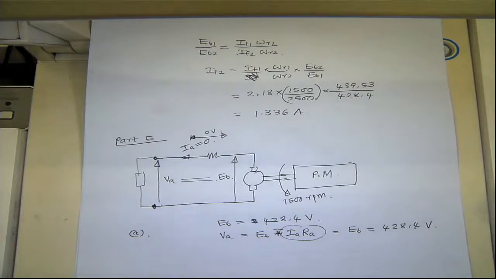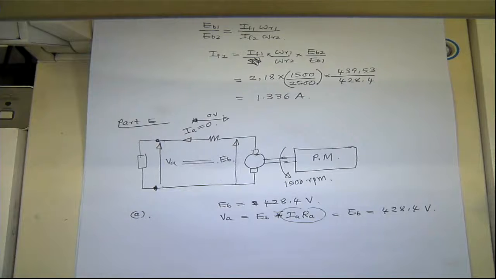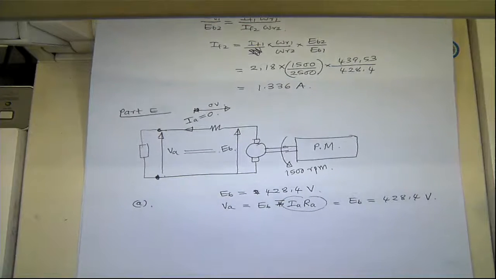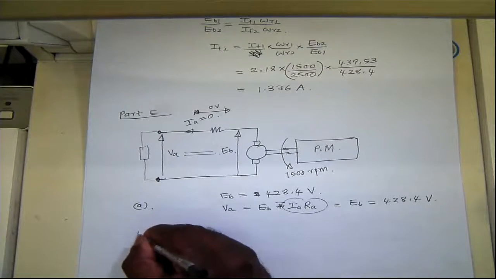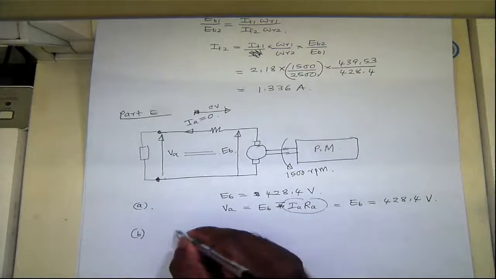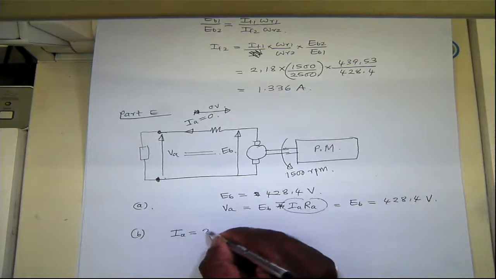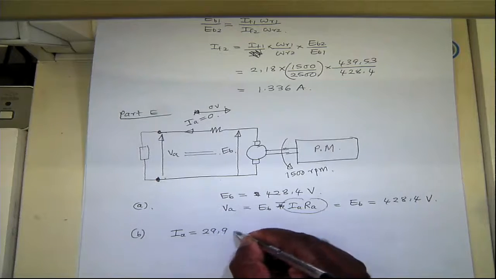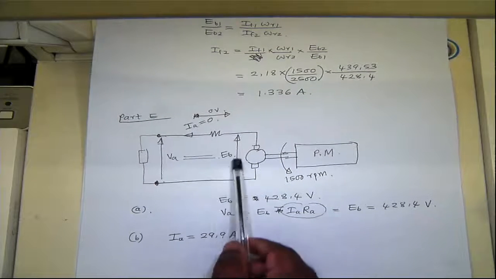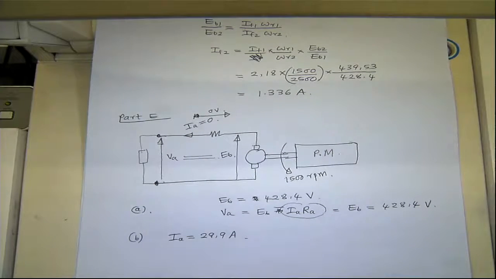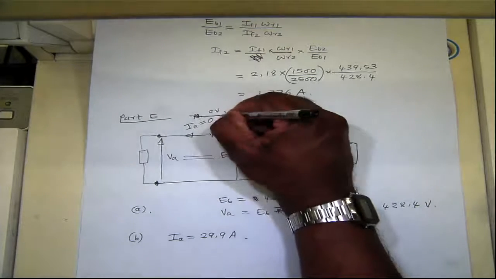So now the armature current rises to the rated value, which is 29.9 amperes. So now the current is out of the machine, so it's working as a generator. The voltage drop here is this way.